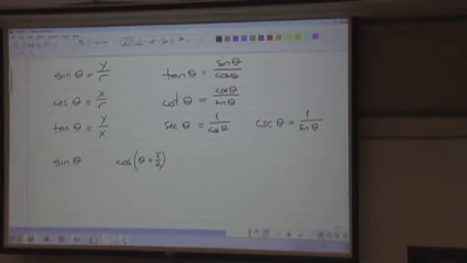They are equal to each other. That's why they're called cofunctions, because one is actually just a shift of the other in the end. Does that make sense?